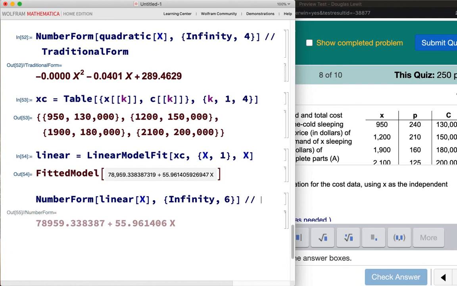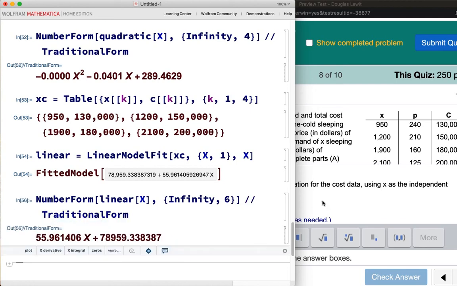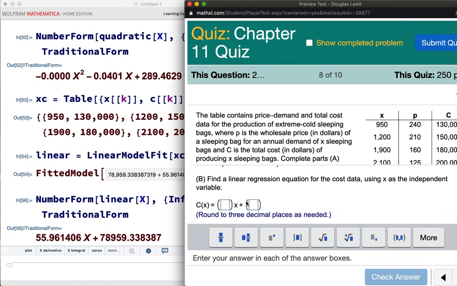So that's going to look like 55.961406 times x. Oh, round to 3 decimal places is needed. Ugh. Okay, Pearson's going to drive me crazy with their directions.